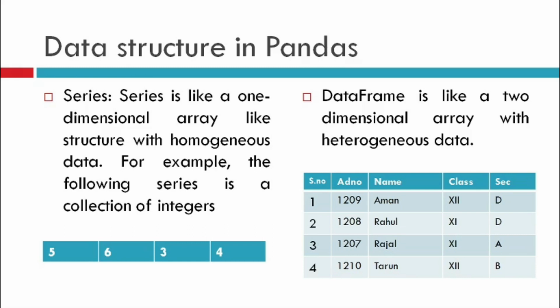We can declare any type of array, either integer, float or character. Another is the data frame. A data frame is 2-dimension with heterogeneous data types. As you see in the example, admission number is integer, name is string, class is again string, and section is character.